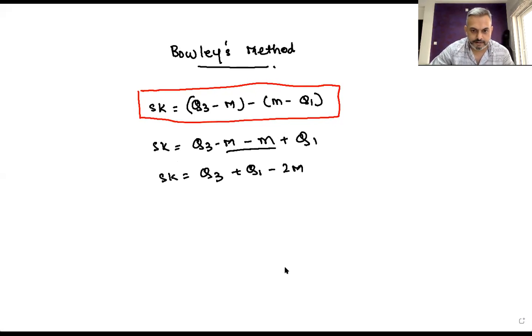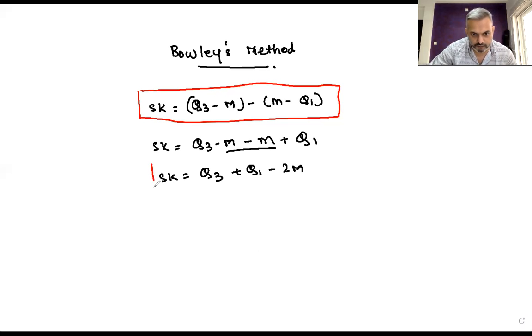M is the median. So you're using quartiles Q1, Q2, Q3, or quartiles and median, which is basically the same, since Q2 is a quartile and Q2 is also the median.